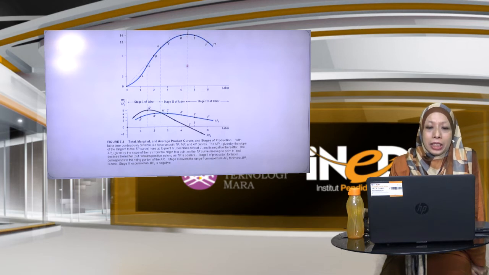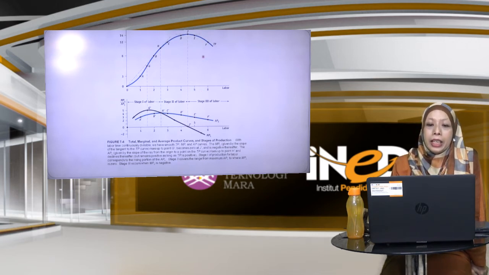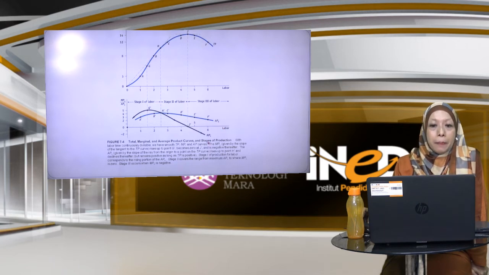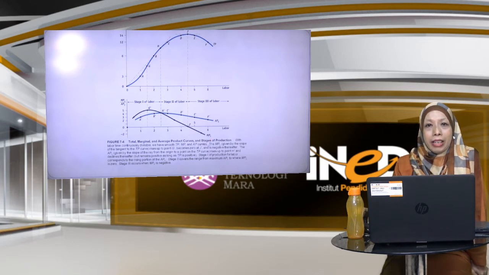So this would be the last point you should hire labor, because if you continue to hire labor in stage 3, your total product will fall. Your productivity keeps decreasing and your marginal product becomes negative. So you are hiring more labor, incurring more labor charges, but you are producing less.